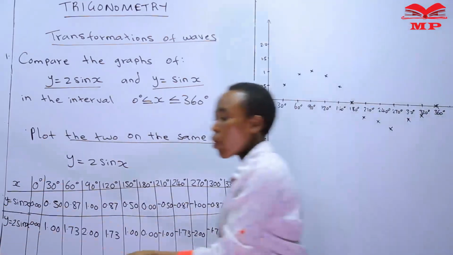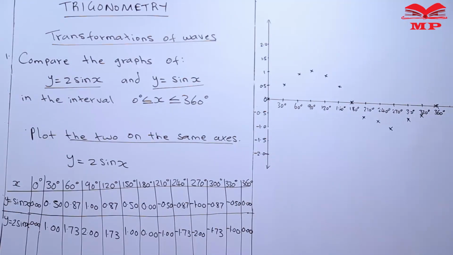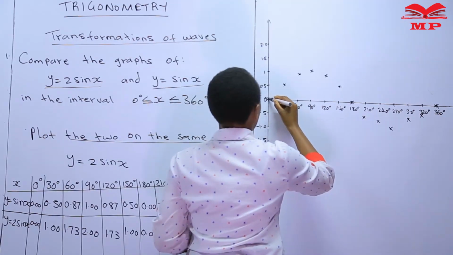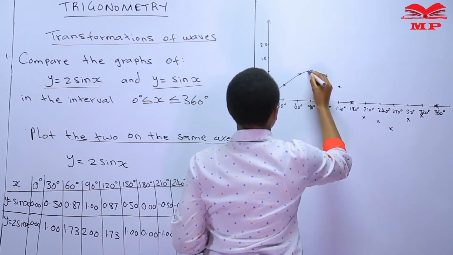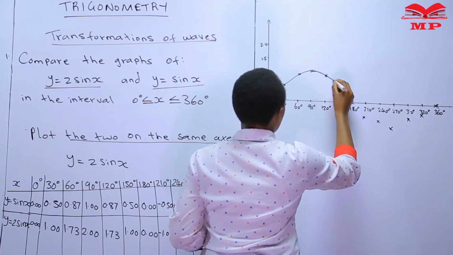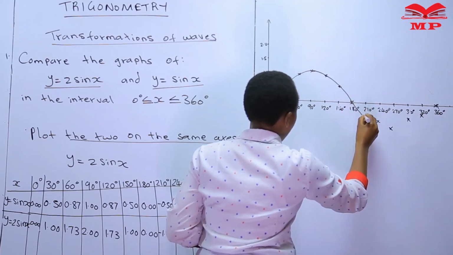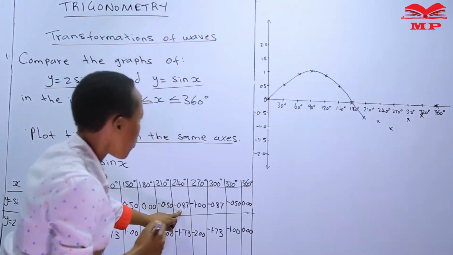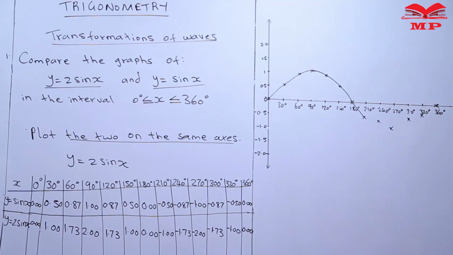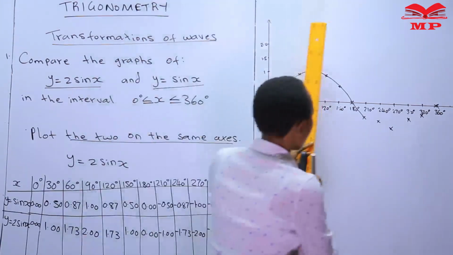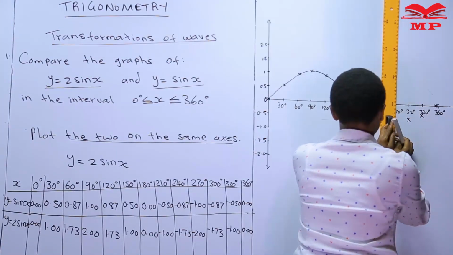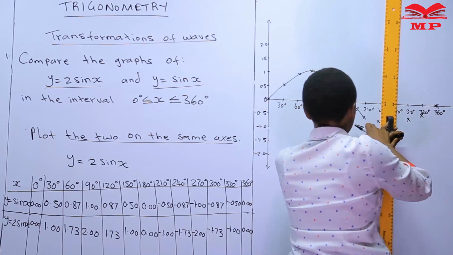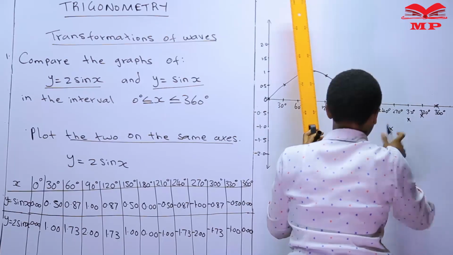So now once we plot that for the first function, we need to join and name that curve or wave. This is what we have for our curve. 240 is supposed to be negative 0.87, so we take it a bit down.